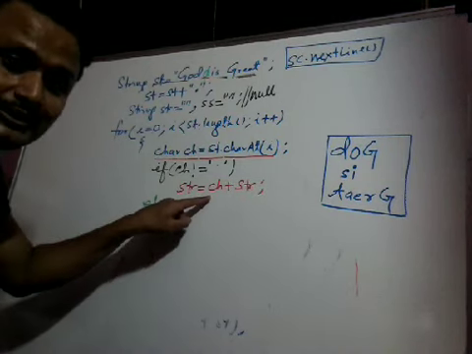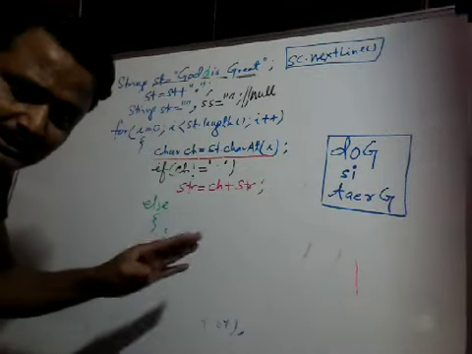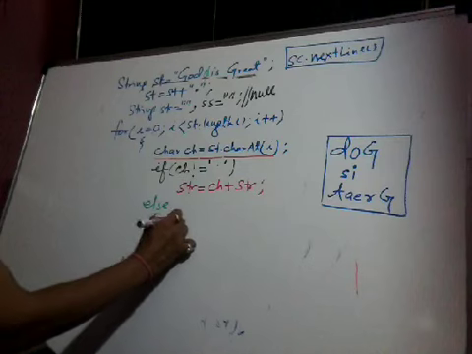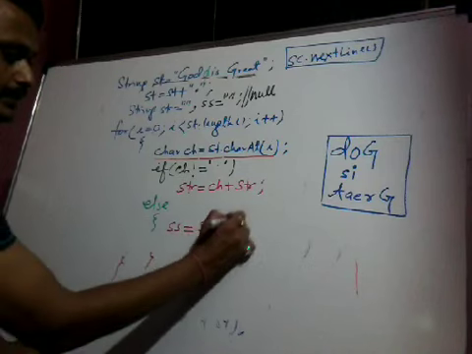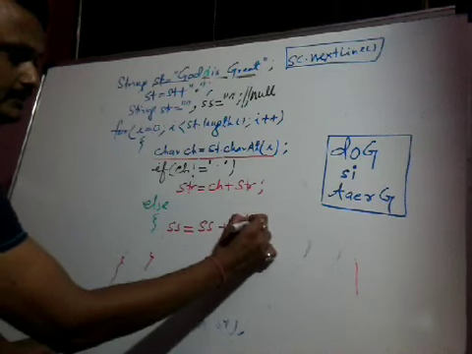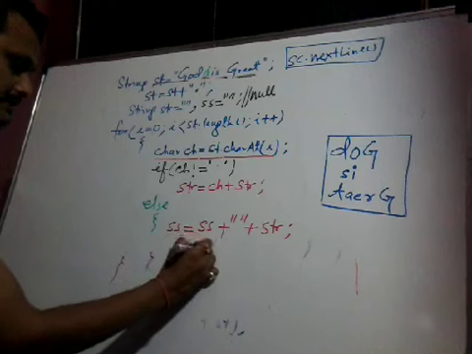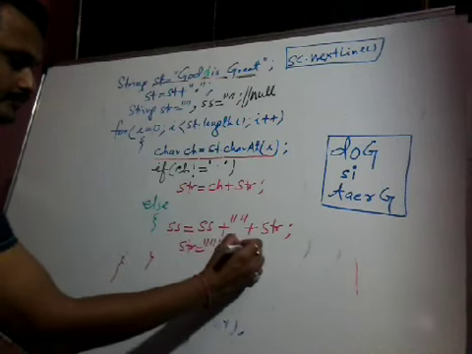Previously we discussed this part, it will reverse the word. And here I am going to write ss equal to ss plus space plus str, and after that str will be null.